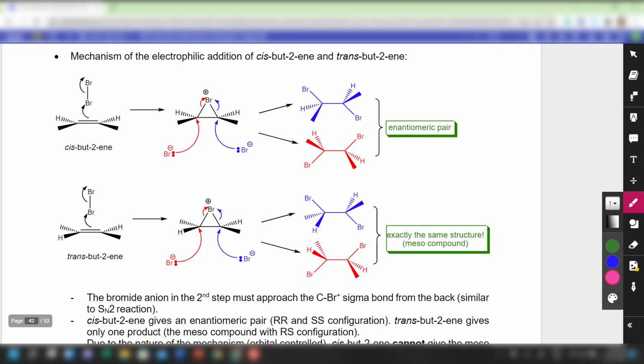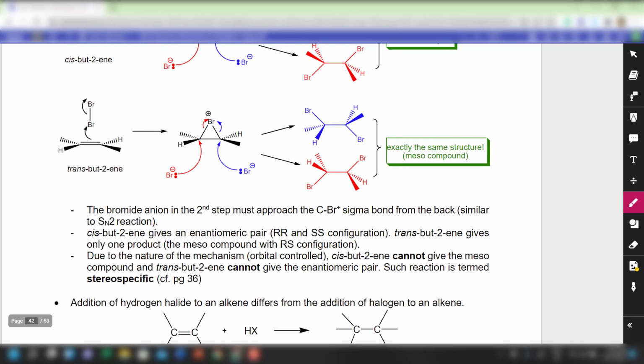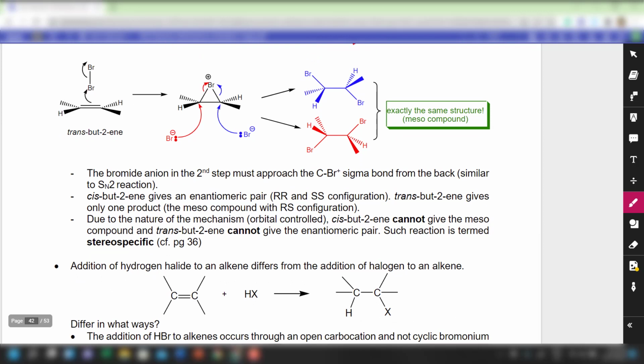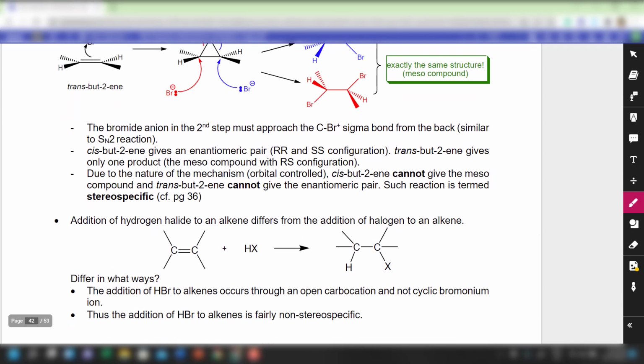And for trans-but-2-ene, as you have seen earlier, you are going to get a meso compound because these two are actually the same molecule. If you look at them carefully and draw them out, you are able to draw an internal mirror plane.